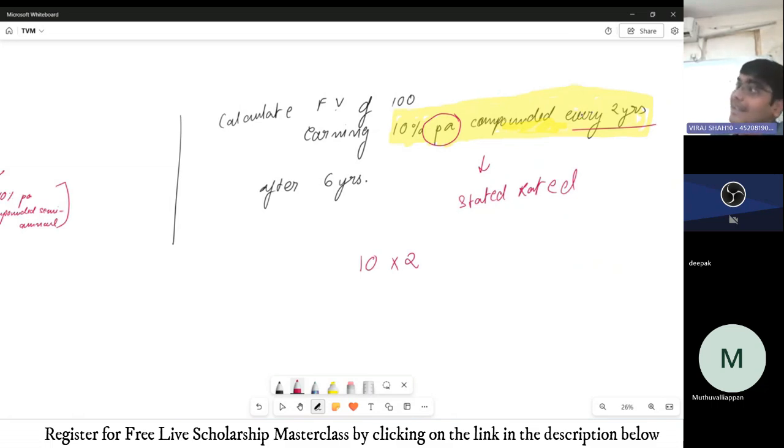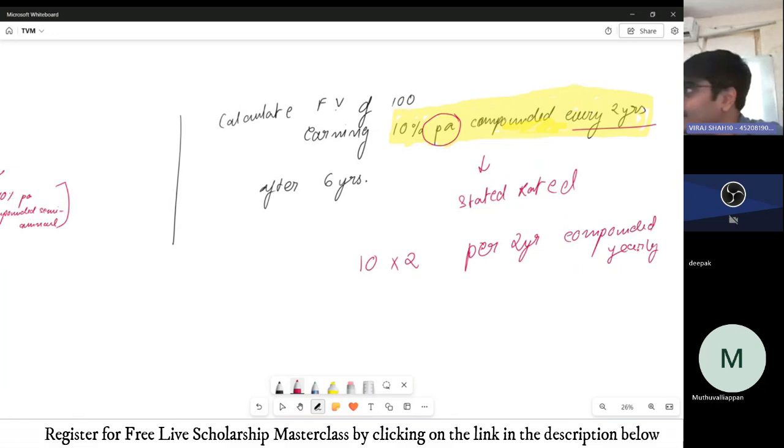Now you need to make it effective. The only way to make this effective is that you have to convert it into this per 2 year compounded 2 yearly. Don't worry, this kind of a question never comes in the exam.